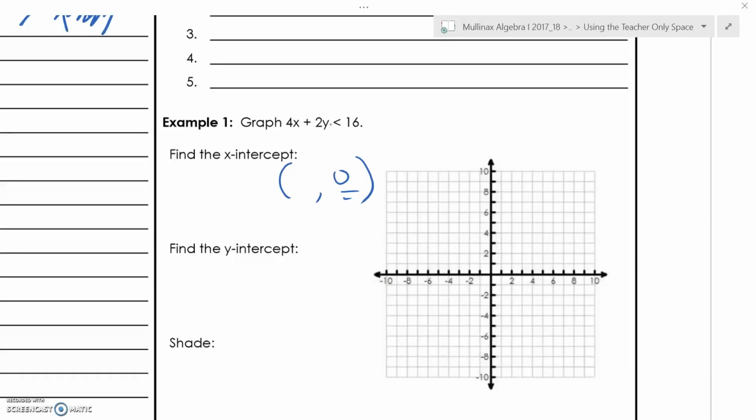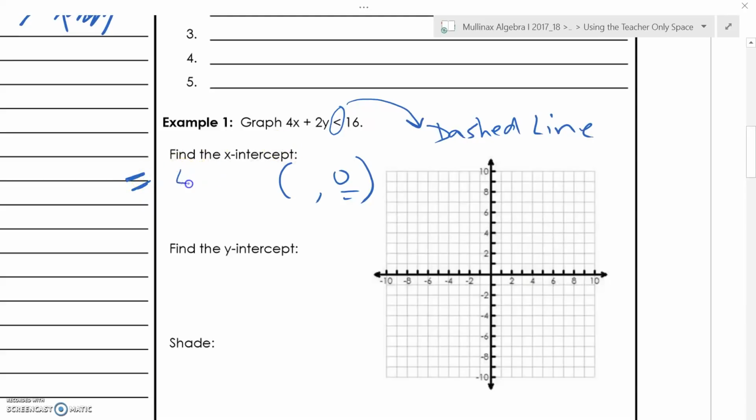First, we're finding the points on the line, which we want to find the points that make 4x plus 2y equal to 16. However, what kind of line will we use? Since it's less than only, we will use a dashed line. But I'm first going to have to draw the line that makes 4x plus 2y equal to 16.